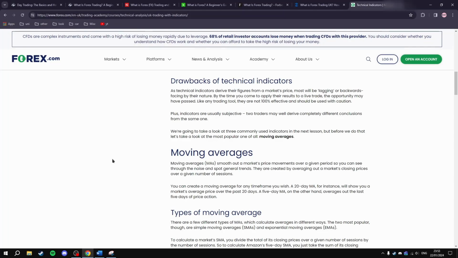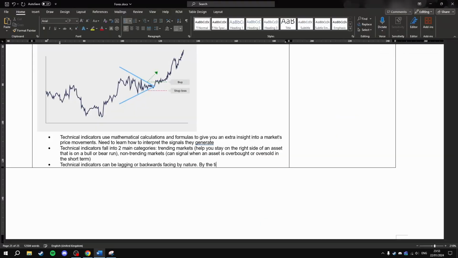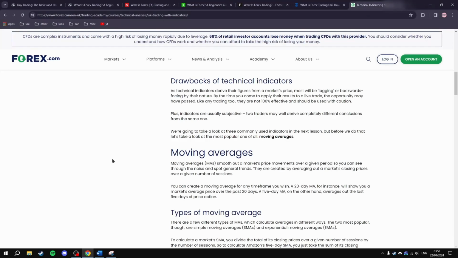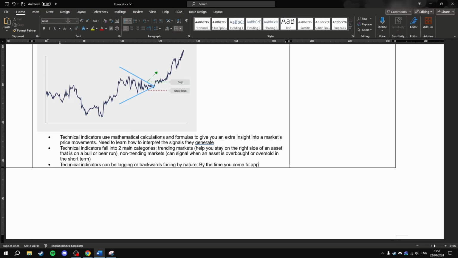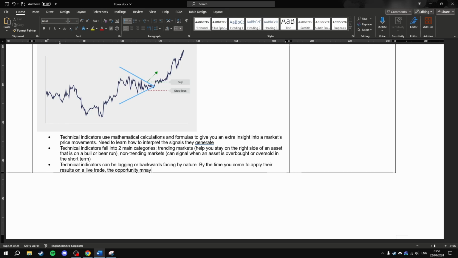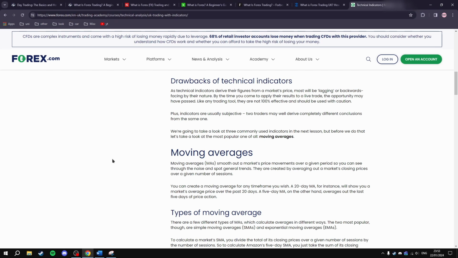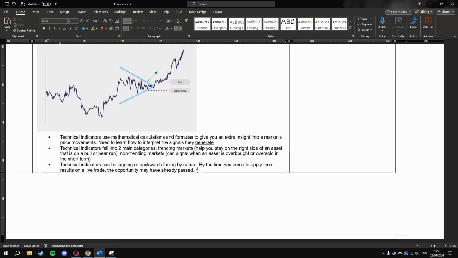By the time you come to apply the results to a live trade, the opportunity may have passed. Like any trading tool, they are not 100% effective and should be used with caution.